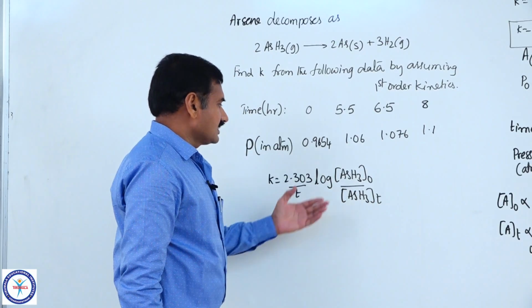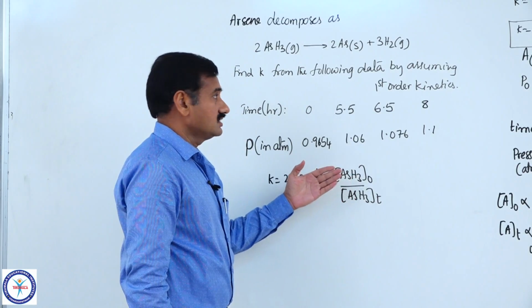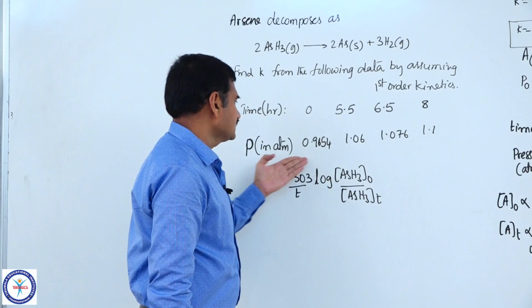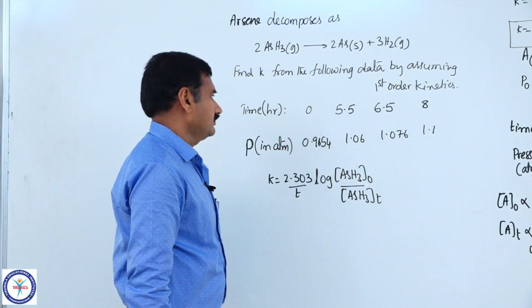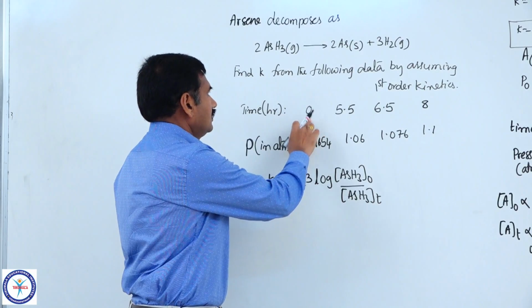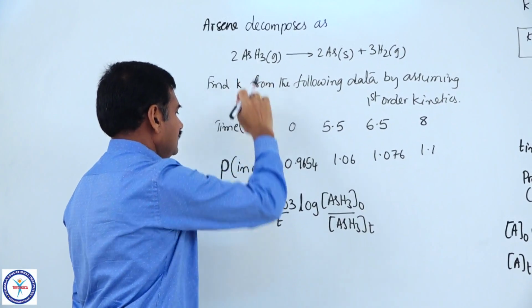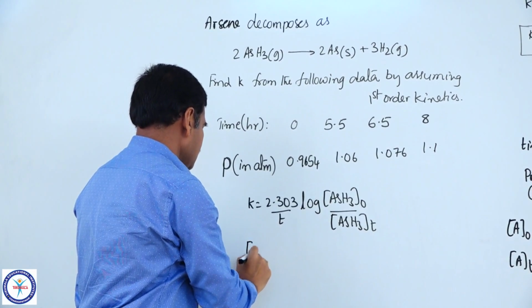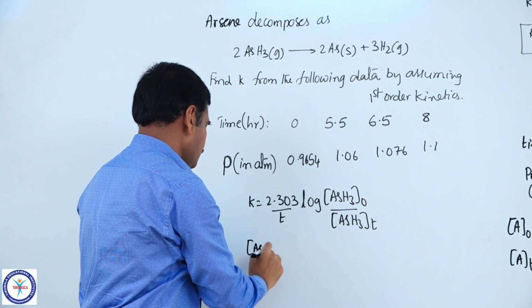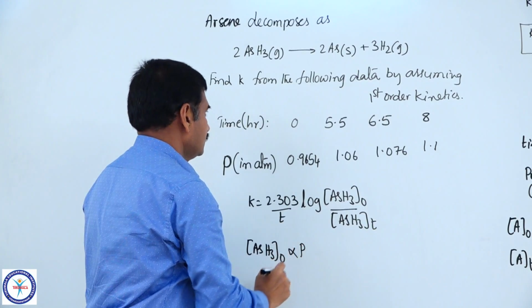But initial concentration of arsine or initial number of moles of arsine is directly proportional to which pressure in these? Tell me. At time t equal to 0, no hydrogen gas is present, only arsine is present. Therefore, initial concentration of arsine is proportional to initial pressure P naught.